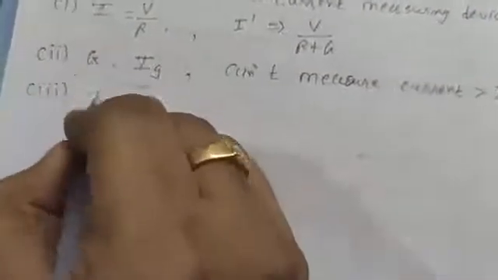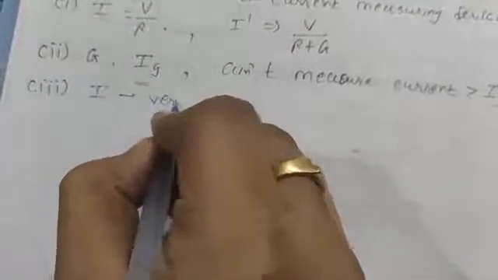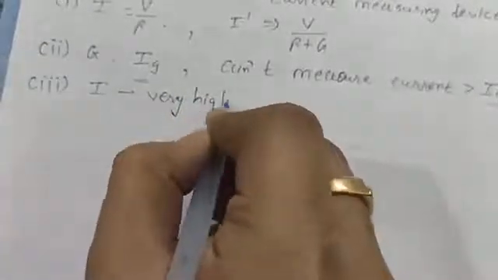Third reason: if the current is very high, or we can say very much higher than Ig, then the galvanometer will be destroyed. So due to these three reasons, a galvanometer can't be used directly as an ammeter.